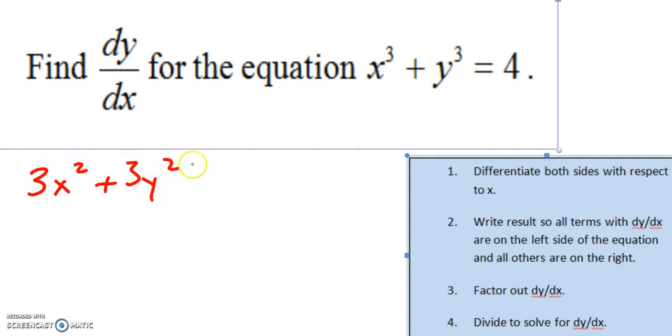The inside is your y, so that's dy dx, equals the derivative of 4, simply 0. So we've done the first step. We also now want to write all the terms with dy dx on the left side, or isolate on any side, actually. So I'm going to subtract over a 3x squared.